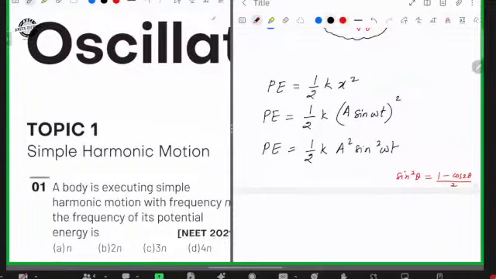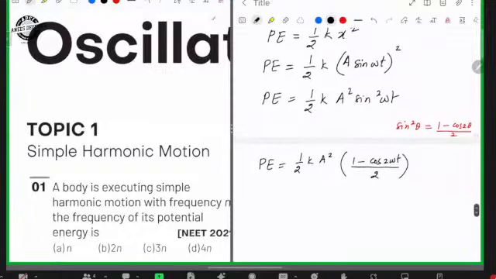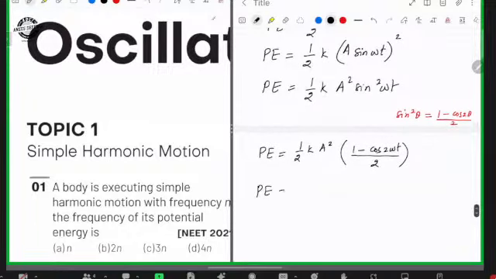Okay, so we can put it here to get potential energy as half into k into a square, bracket, sine square omega t written as 1 minus cos 2 omega t upon 2. Let us simplify to get potential energy as 1 by 4 k a square, bracket 1 minus cos 2 omega t.